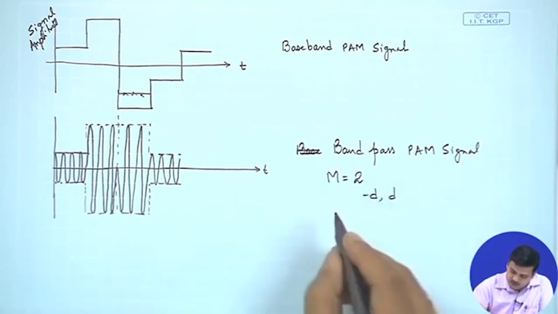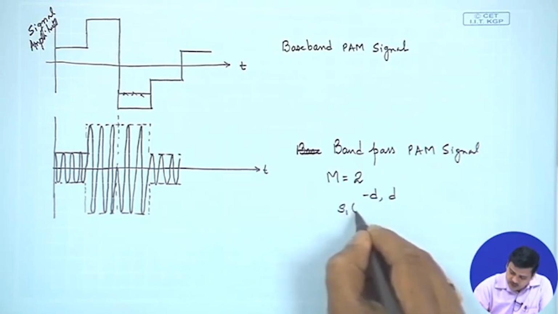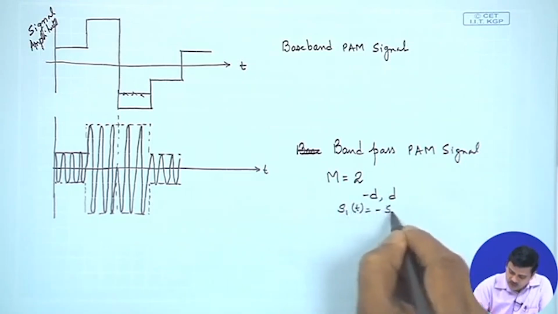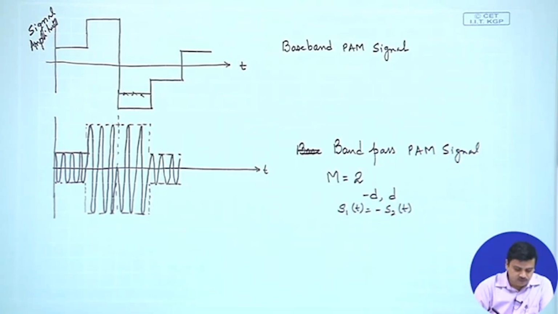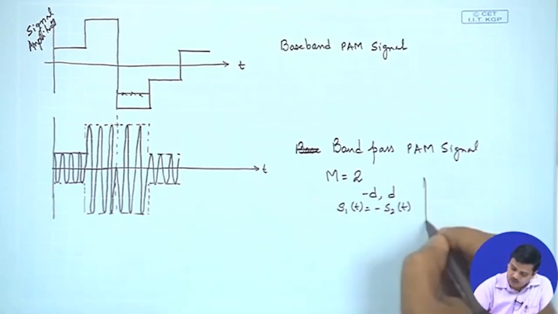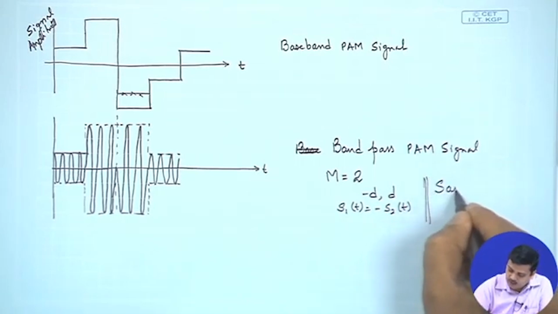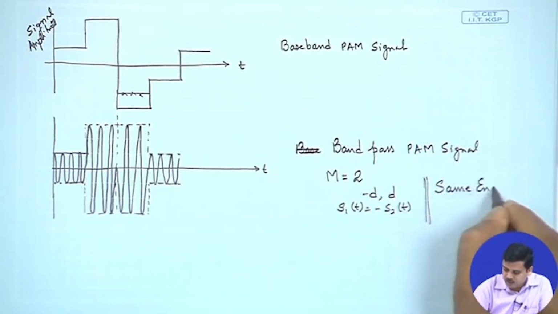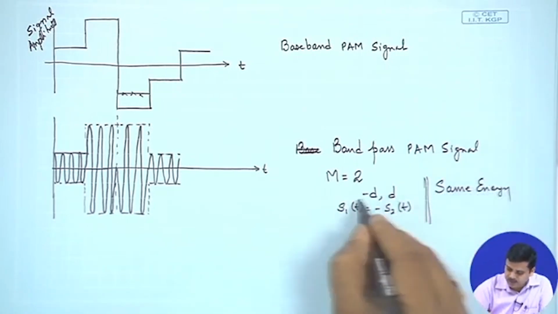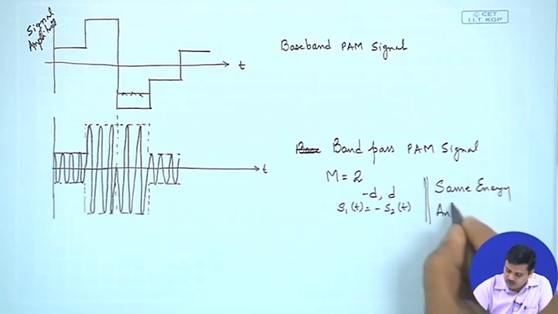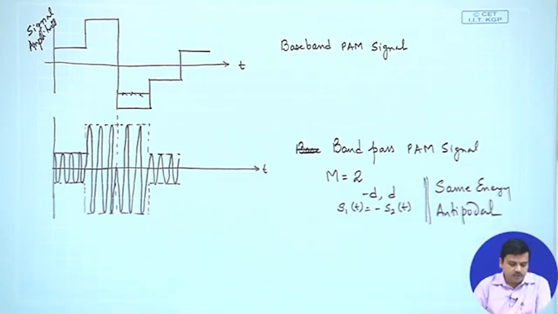In that case, you could also say that S1 of t is equal to minus S2 of t, and you can clearly see these signals are of the same energy, and since they are of opposite sign, you can call it antipodal as well. So, these are some of the interesting characteristics with which we would like to conclude our discussion on pulse amplitude modulation.